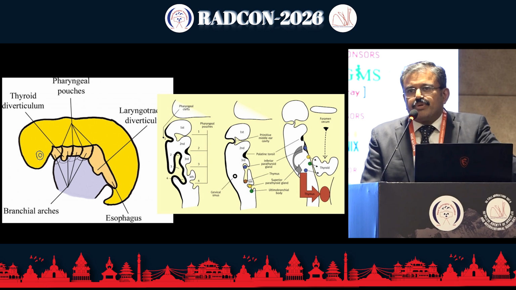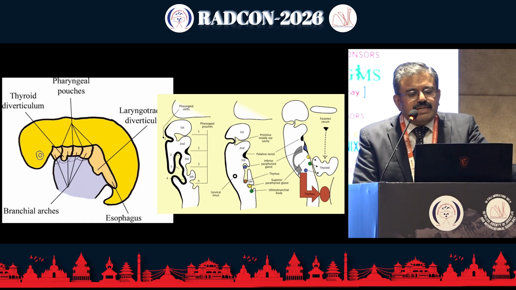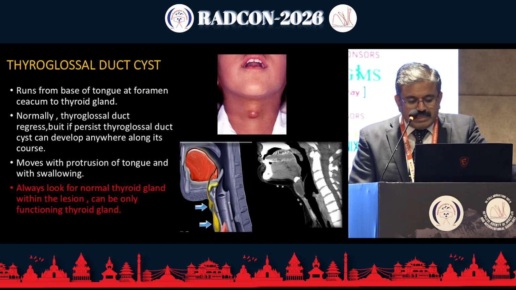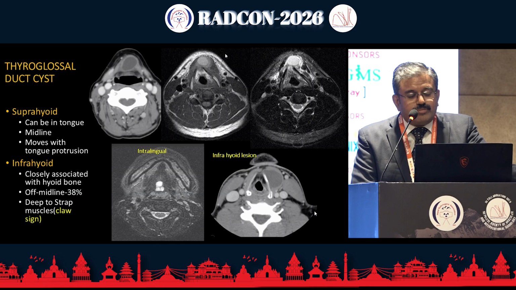Coming to the first approach, the midline neck cystic lesions. Most common is the thyroglossal duct cyst. It lies on the way from the foramen cecum down to the normal location of the thyroid, so thyroglossal duct cysts can occur anywhere along this path: in the tongue, at the junction of the tongue and the neck, and in the infrahyoid neck, where 38% are in the infrahyoid or paramedian location.